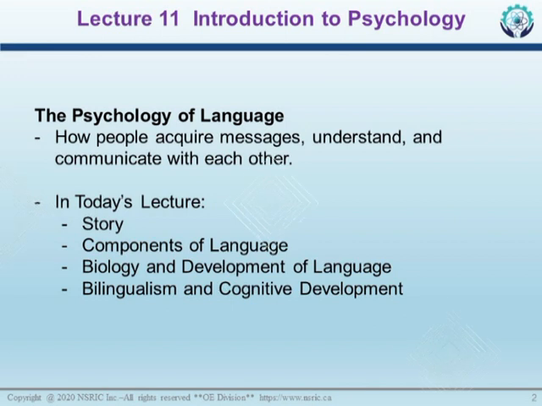So language and the psychology of language is about how people acquire messages, understand, and communicate with each other. This may be through formal spoken language, but it doesn't need to be.